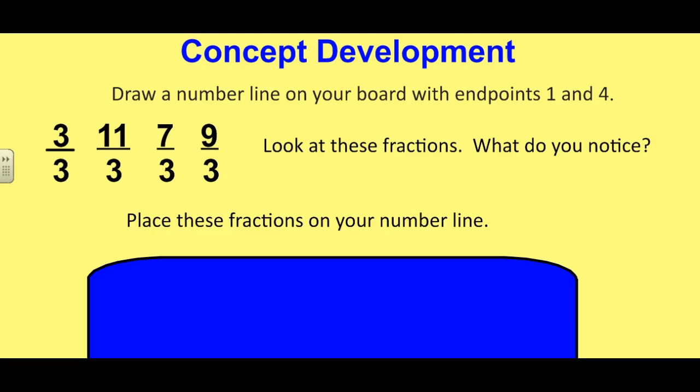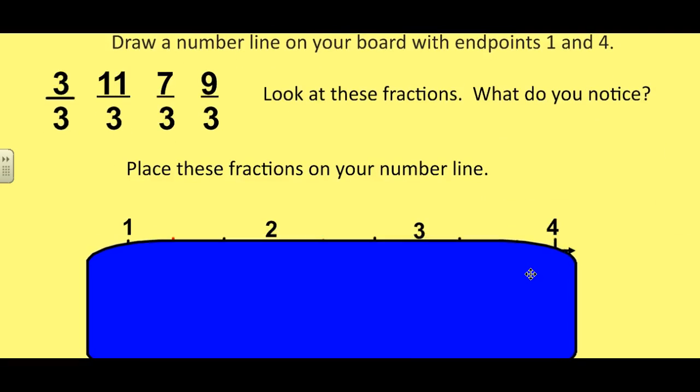Okay, so your number line had these numbers on it, and you've had them equally spaced out. But when you look up at the fractions at the top, you have to think about how you're going to put these on the number line. And the one thing I want you looking at closely is the denominator, because we know that the denominator is going to tell us how many parts are in the whole.